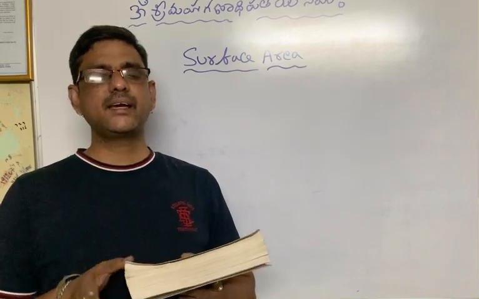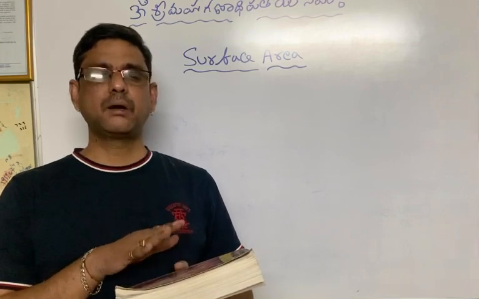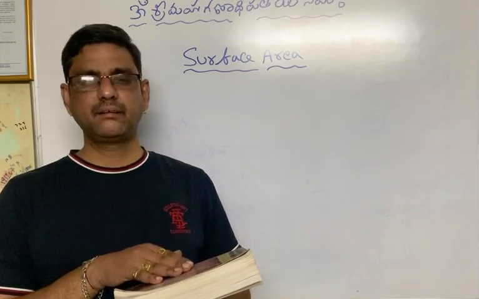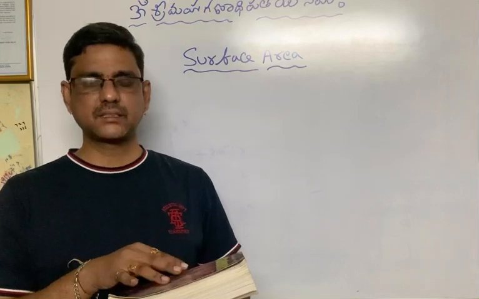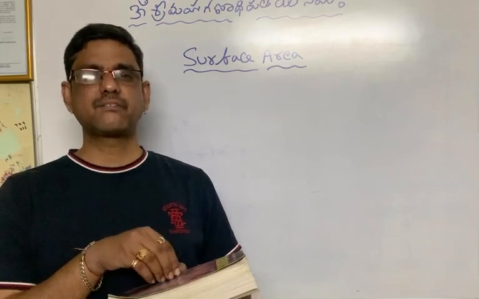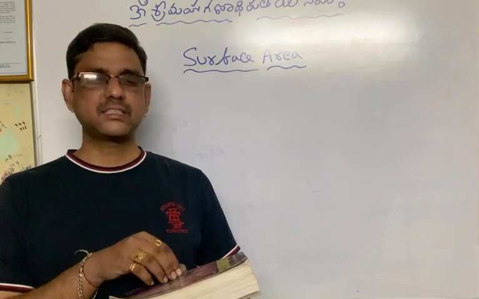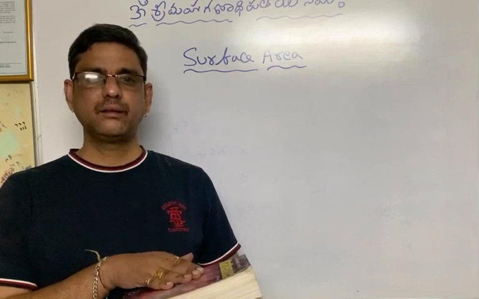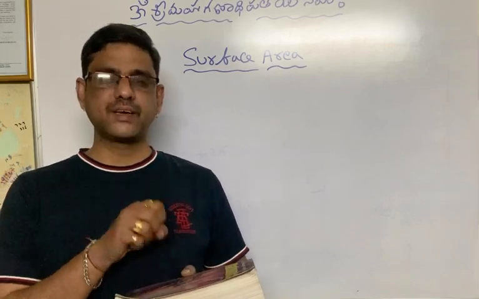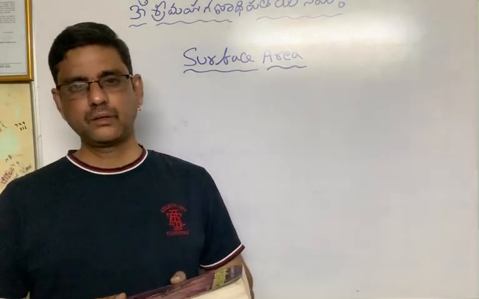Its surface area is nothing but how many faces this particular book has, and the area of all those faces is called its surface area. Once again I am telling, how many faces this book has, the area of all those faces together is called its surface area.